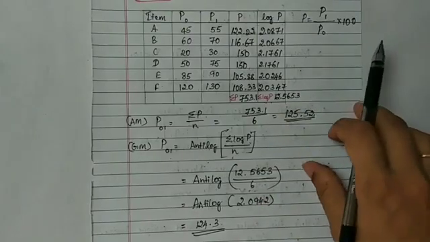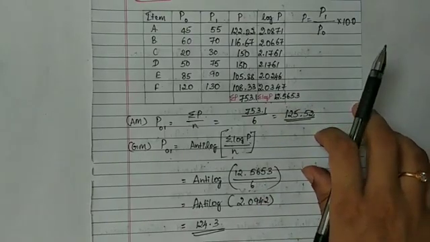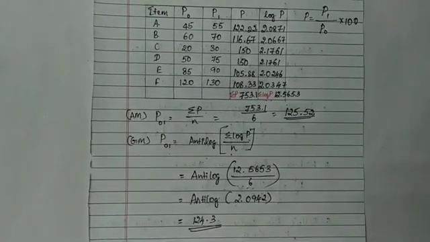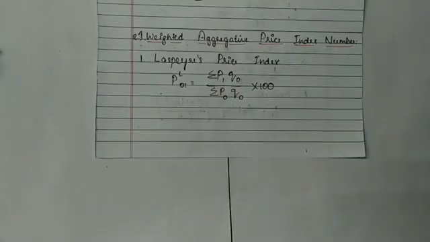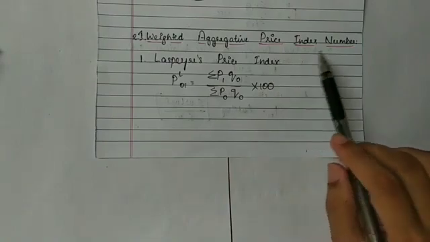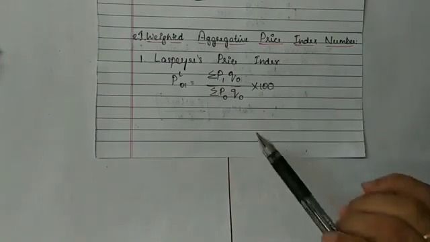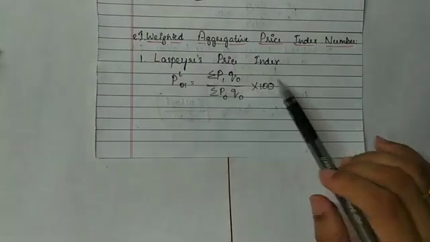Now let us go for the next one, that is weighted index numbers. Under weighted index numbers, the first method is the weighted aggregative price index number. The first one is the Laspeyres price index.